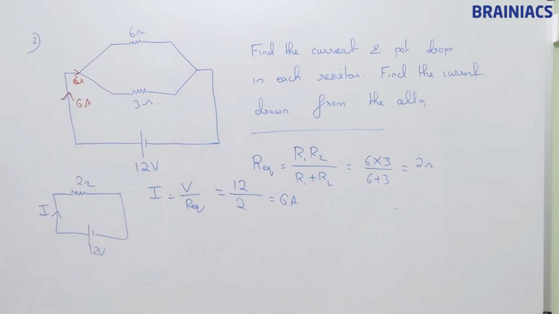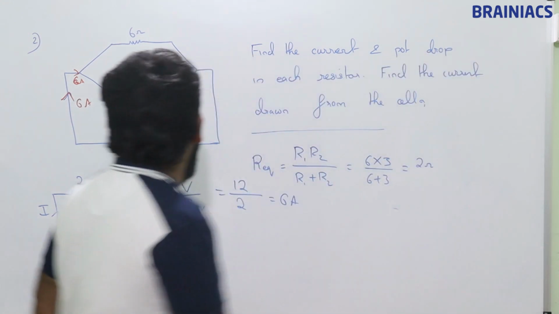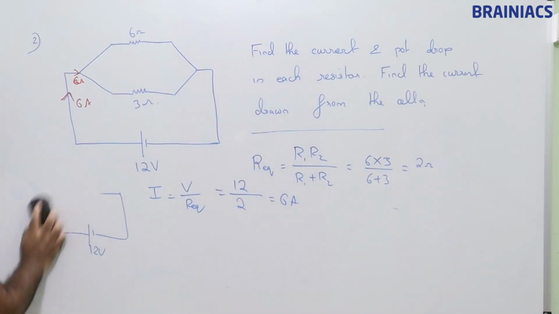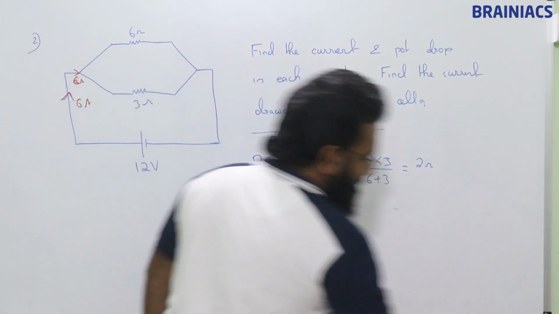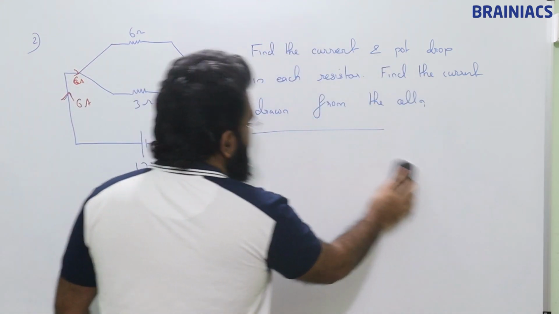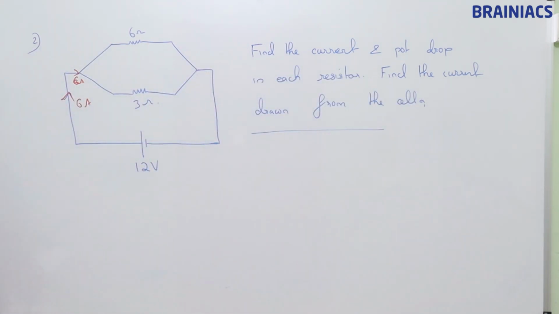Now from there current will divide. So how to find the ratio of current? Take 2 minutes, try to find, then verify your answer.